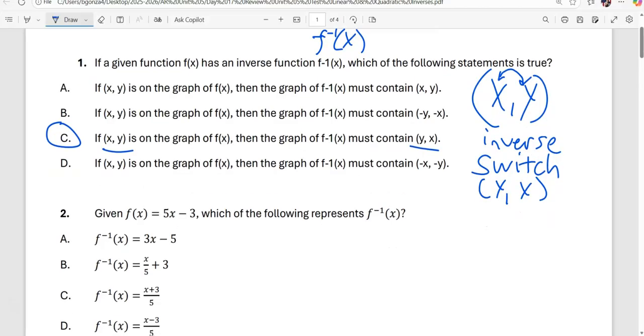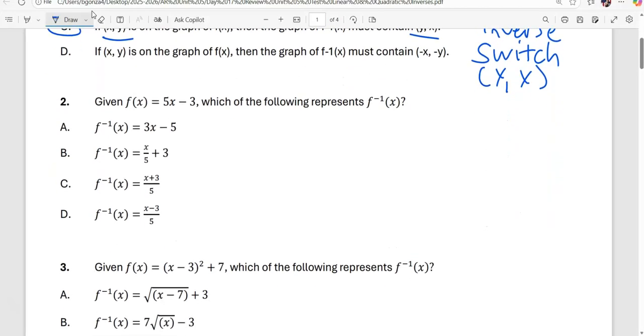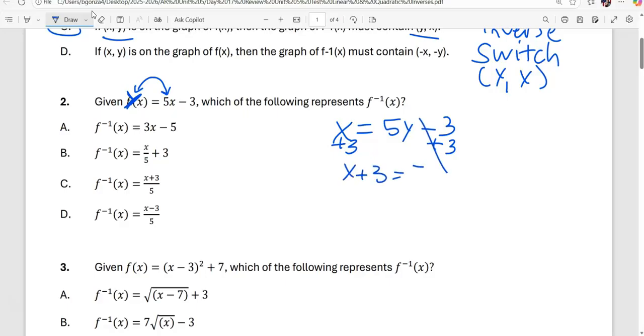Okay. Number 2. Given 5x minus 3, what is the inverse function? So remember, first of all, this becomes a y, and you switch x and y. So you have x equals 5y minus 3. You get rid of the loner first, adding 3. x plus 3 equals 5y. Last step is you get rid of the 5, and this is where you don't want to mess up.